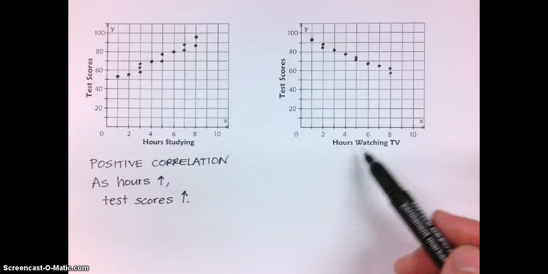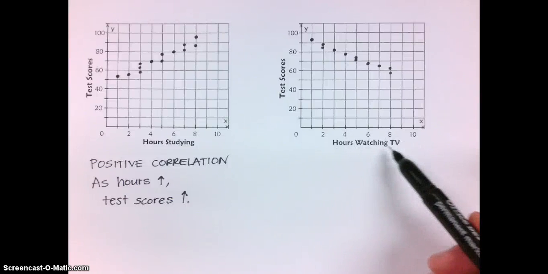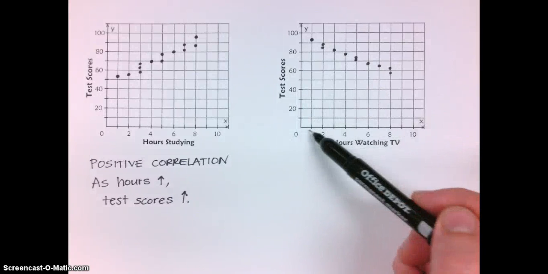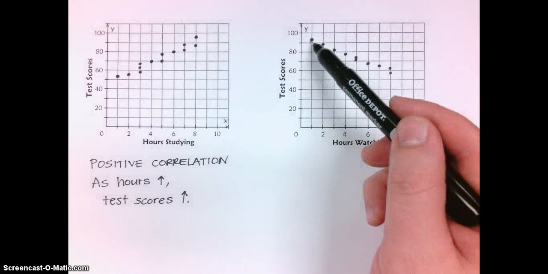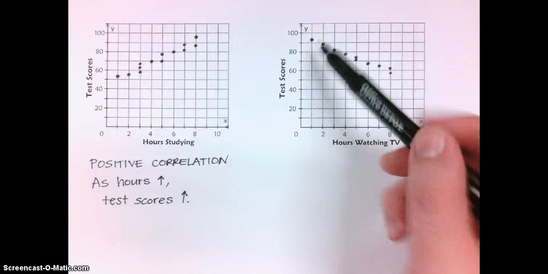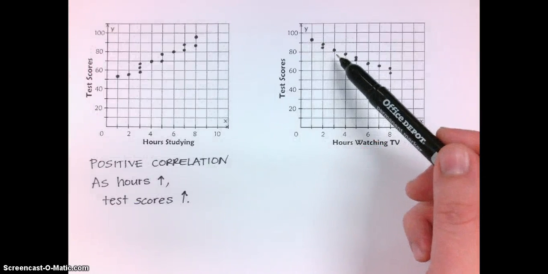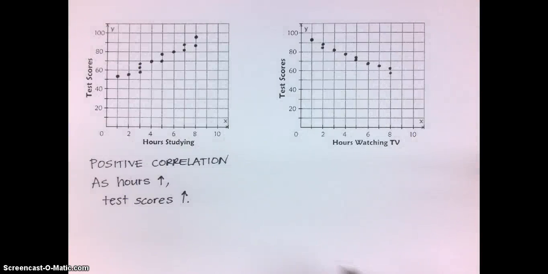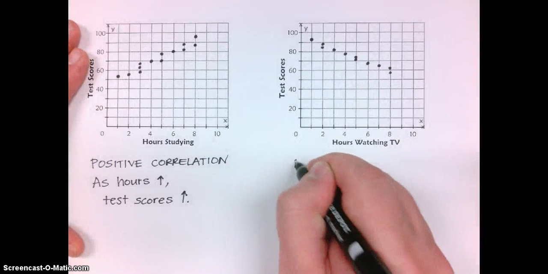Looking at this other one, it's comparing the hours of watching TV compared to test scores. And as the hours are smaller, the test score looks like it's higher. But as a student might watch more and more TV, it looks like their test score is going down. And this is going to be a negative correlation.